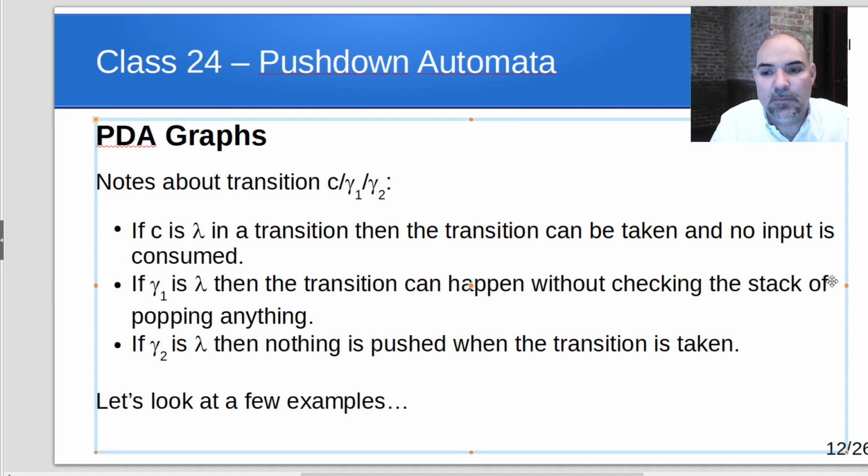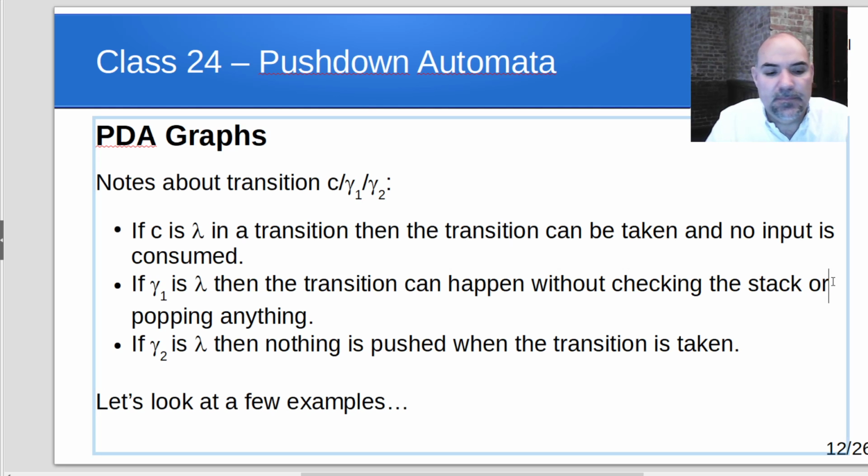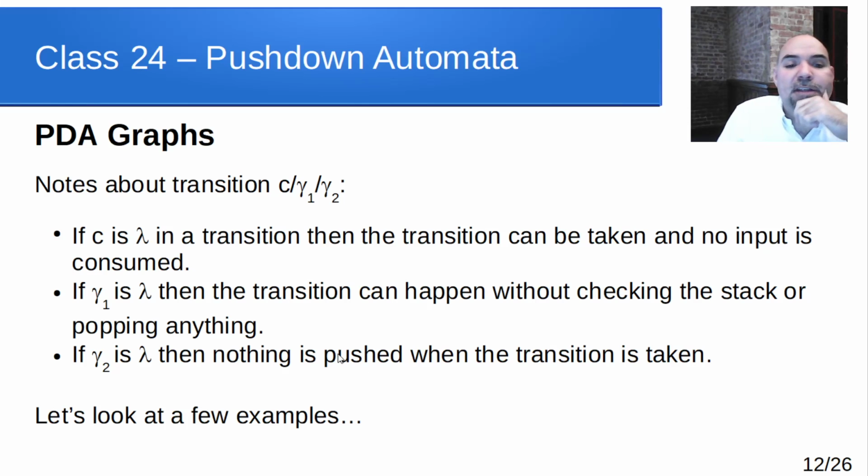And if gamma 2 is lambda, then that means when we pop this off and consume that symbol, we just don't push anything in place of it. So when that transition is taken, nothing gets pushed onto the stack. Now, I think to make this make more sense, looking at examples always ends up helping. So let's look at a few examples of pushdown automata defining certain languages.